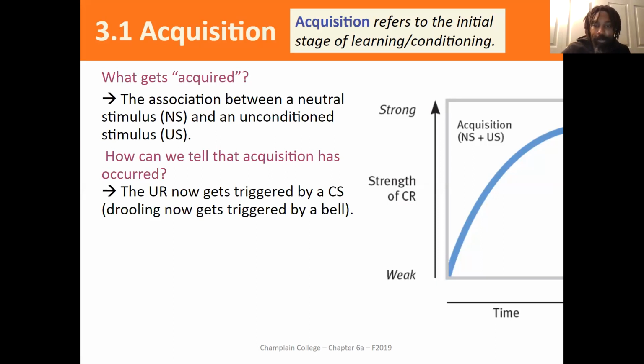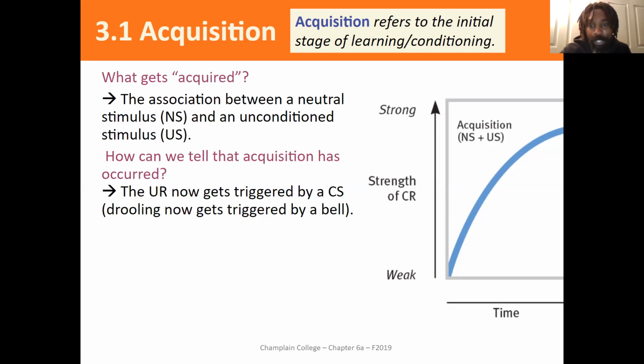So as you'll see, on the bottom here is a function of time, and the y-axis, if I remember correctly with my math, is the strength of the association, the strength of the conditioned response.